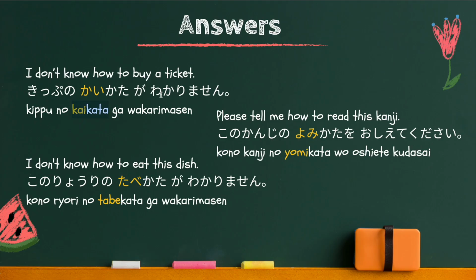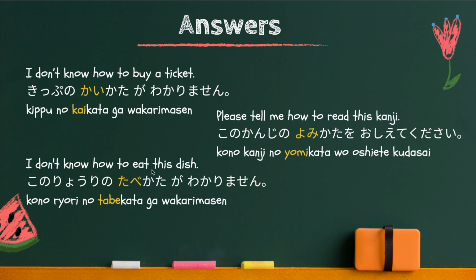And again, a ticket is 切符, it's a noun and also it's a noun. Therefore, noun, no particle, another noun. Then I don't know, わかりません. And before the verb わかります use ga particle.